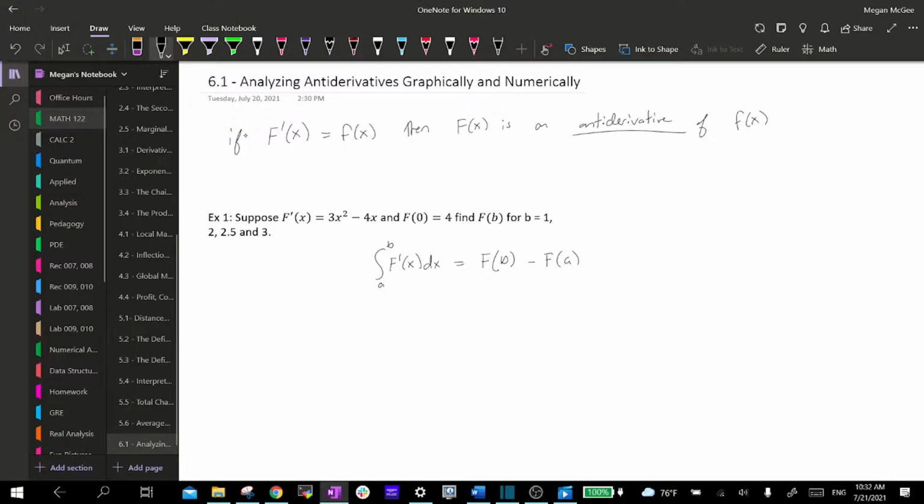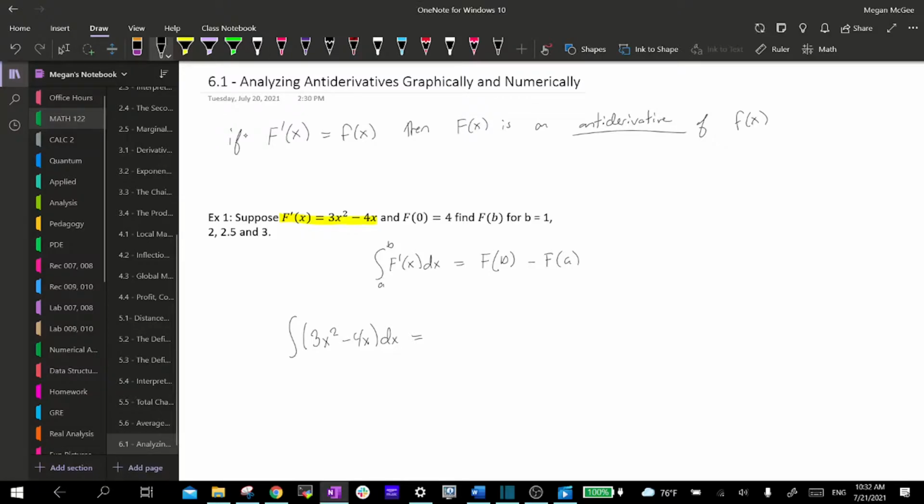Okay, so in this case, we were given a derivative, so we'll go ahead and plug that into our integral. So we have the integral of 3x squared minus 4x, cap that off with a dx, okay, is equal to, well, we need some bounds. All right, so we're given f of 0, so we would like to use 0 as one of our bounds.